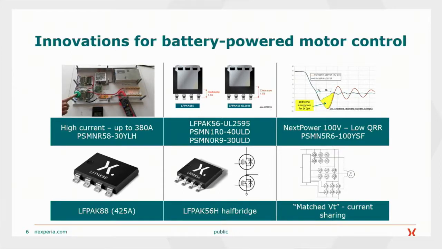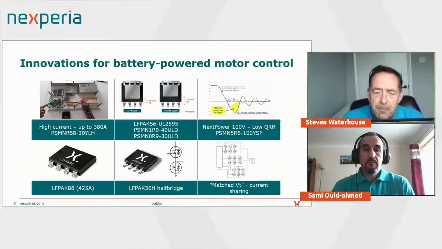At 100 volts, we've developed the low QRR platform, and you can see there QRR gives you additional energy loss. So if you reduce your QRR, you get lower energy loss, but it also helps with your reverse recovery spiking, which will have an impact on the EMC performance as well.